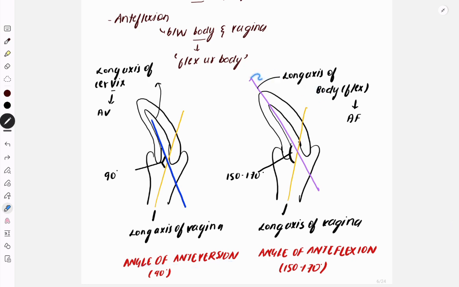The angle formed between the long axis of the body of the uterus and the long axis of the vagina is called the angle of anteflexion, and it is 150 to 170 degrees. The importance of these angles is that they help keep the uterus in position and prevent the uterus from prolapsing.